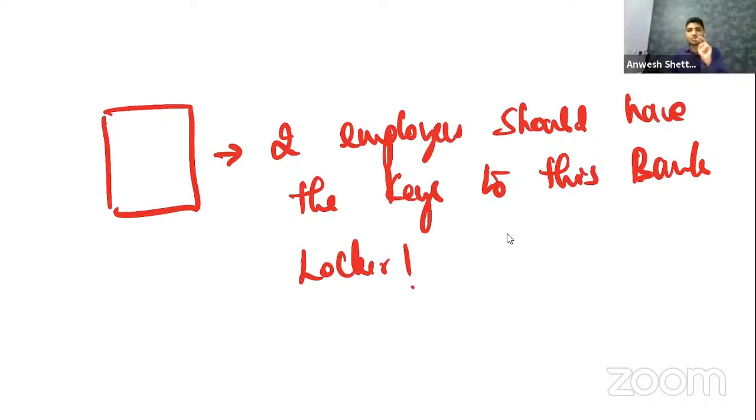It should have 2 keys, and these 2 keys should be given to 2 different persons. Now you tell me, is this IT control or is this internal control? I'm waiting for your answer. Okay, I got 1 answer. The answer is correct. This is internal control. It has got nothing to do with technology.